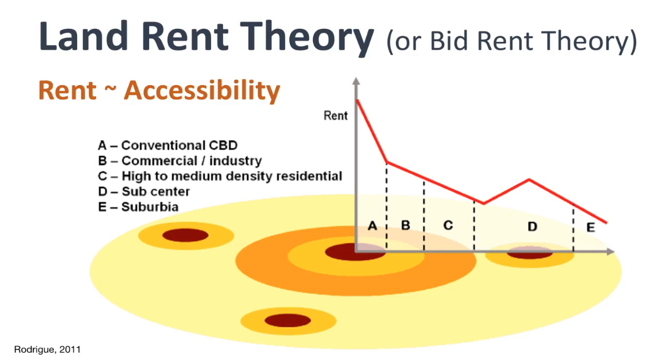This is sometimes called bid rent theory. And this is a fancy way of describing how the demand for land, which is then reflected by the price for land or the rent of that land, is proportional to its accessibility.